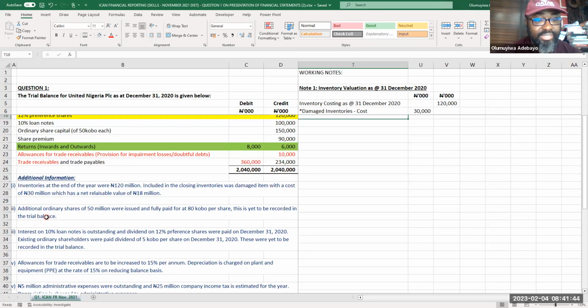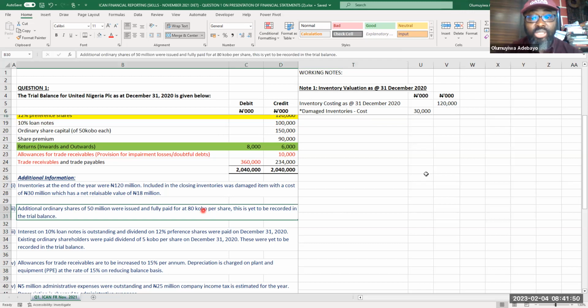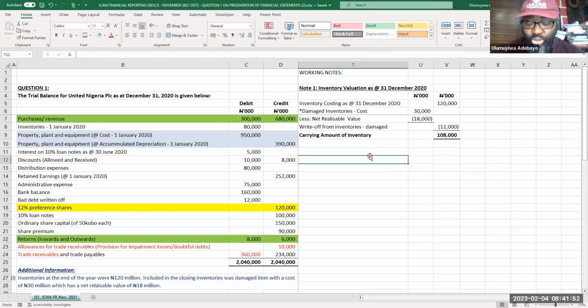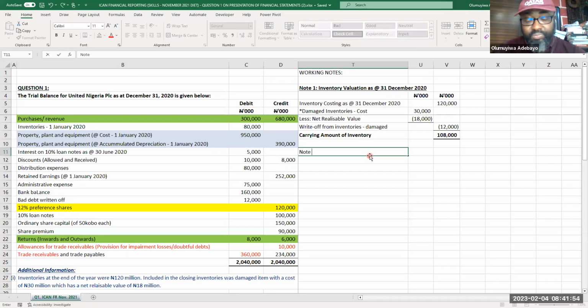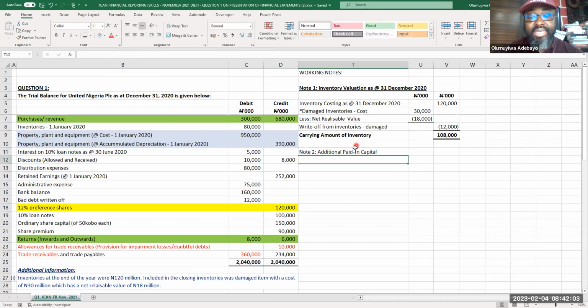The second one says additional ordinary shares of 50 million were issued and fully paid at 80 kobo. Now, noting additional paid-in capital, which means in that year, new shares were issued.